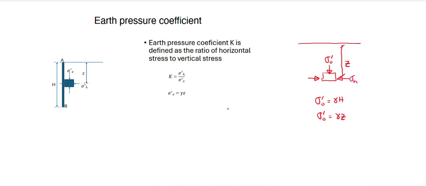So we introduce what we call the earth pressure coefficient, which is the key. And the earth pressure coefficient is simply the ratio of the horizontal, this guy, the lateral forces, which is also called the horizontal stress, over the vertical stress.